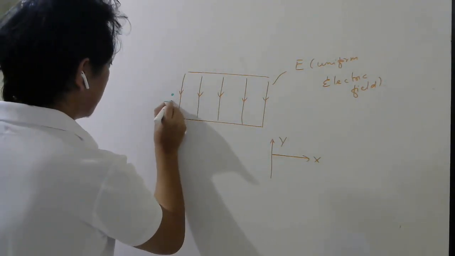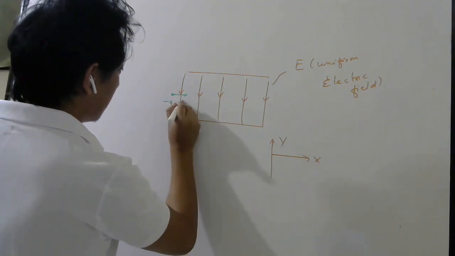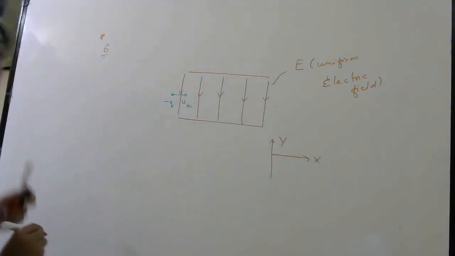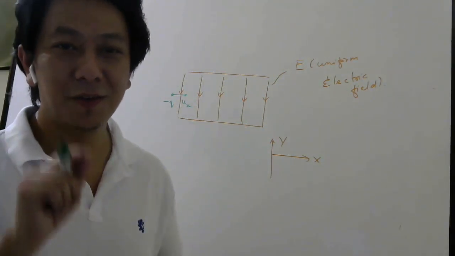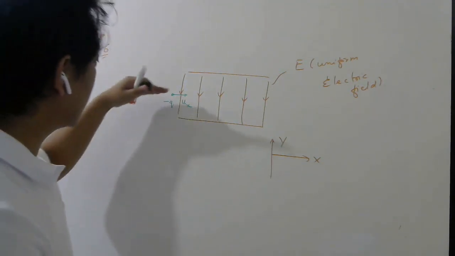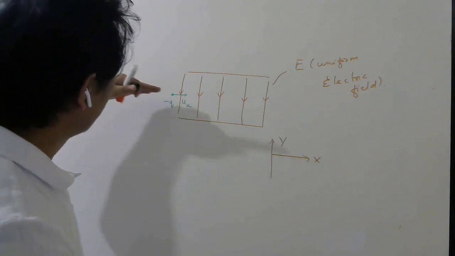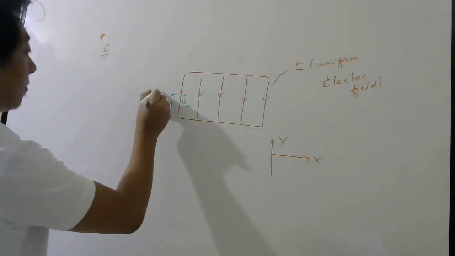This charge is minus q. It enters with a velocity vx, but let us write ux right now, because we are from first PU knowledge, we know that for initial velocity it is better to write u, right? Later we'll make it v, no problem. So ux along the x-axis, so it is moving parallel to the x-axis. It has a mass m according to the question.